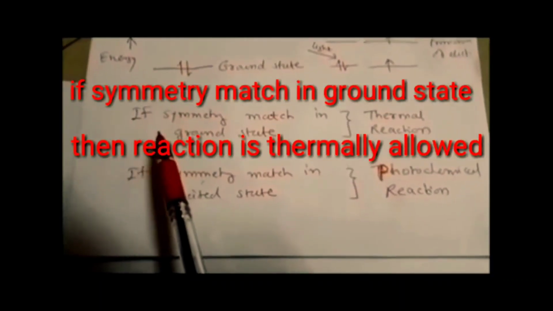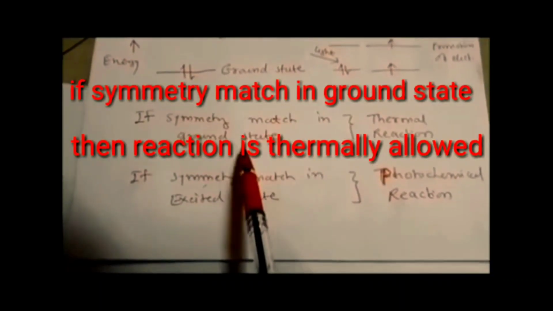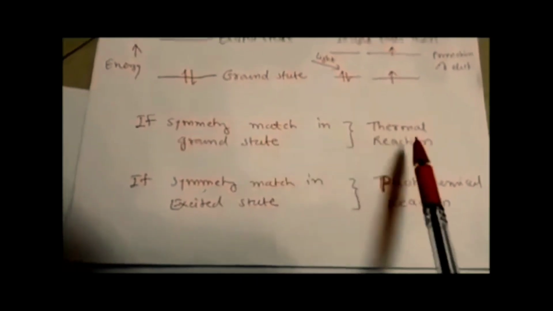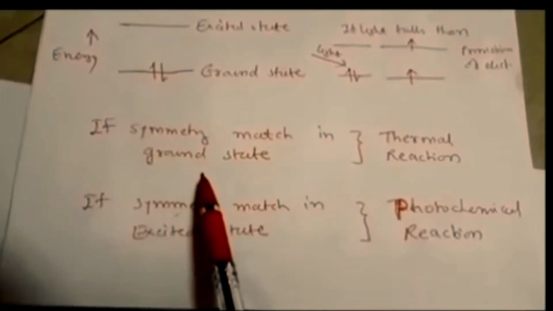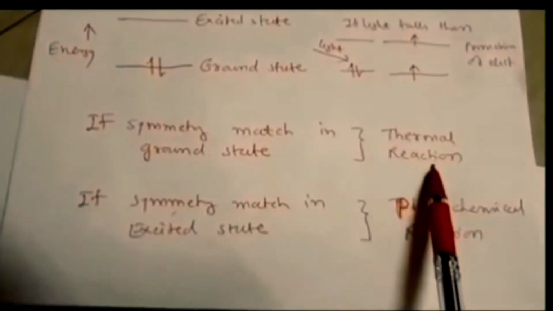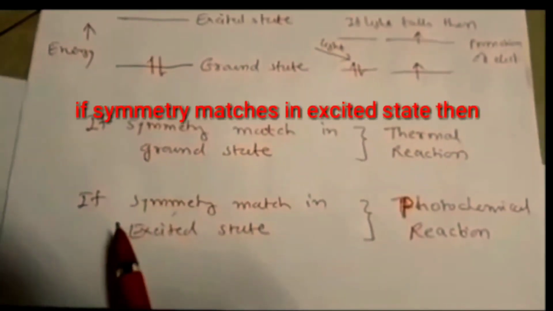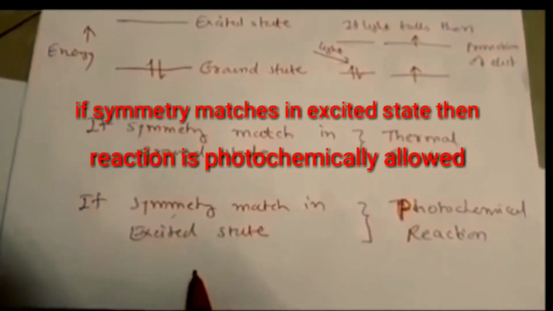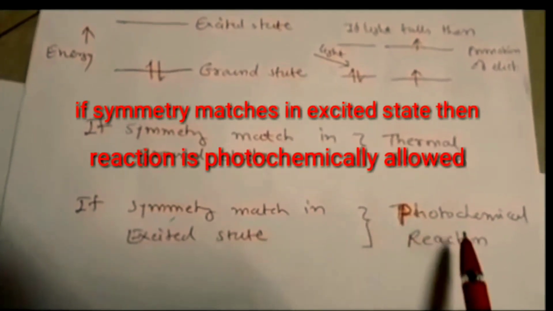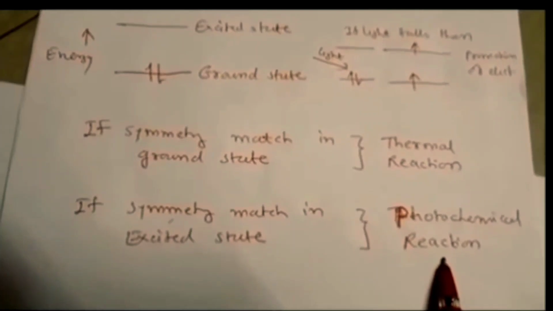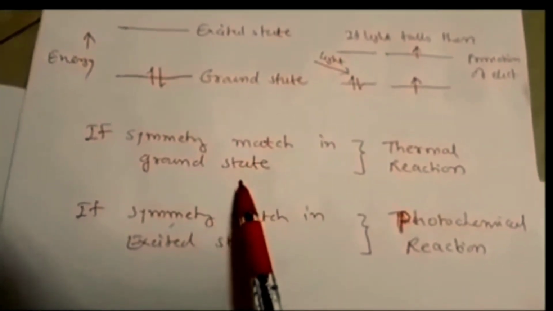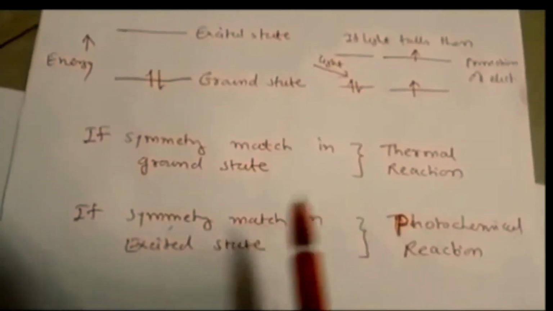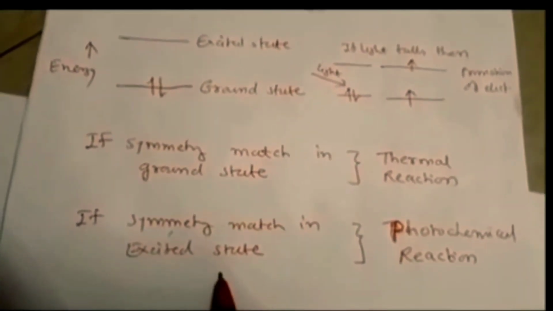Now remember this point. If symmetry matches in the ground state, then that reaction is a thermal reaction. Whereas if symmetry is maintained in the excited state, then it is treated as a photochemical process. So thermal process means symmetry match in the ground state, whereas photochemical reaction means symmetry match in the excited state. Remember this point.